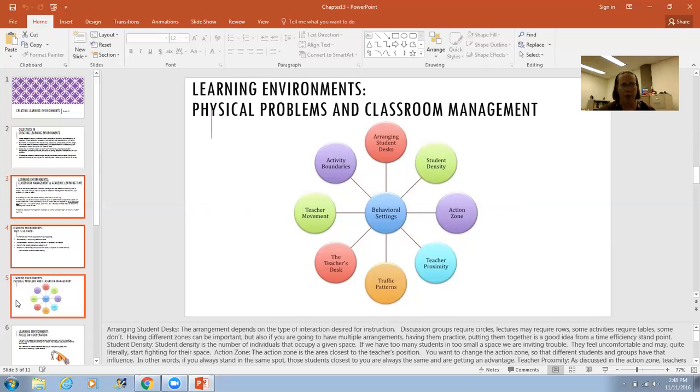So we're going to start up at the top with arranging students' desks. So the arrangement depends on, of course, the type of interaction desired for instruction. Discussion groups require circles, lectures may require rows, some activities require tables, some don't. Having different zones for different activities can be important, and you want to think about this idea.